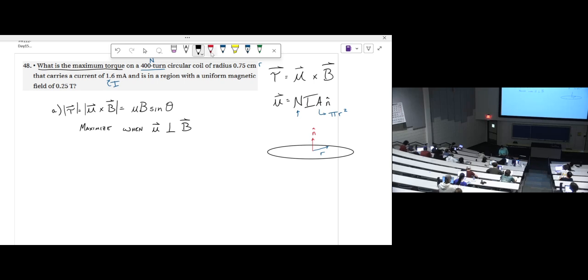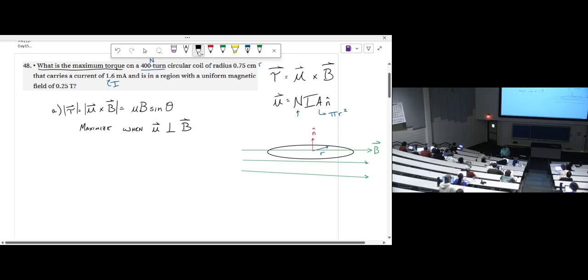So that means that B is likely going to have to be pointed in, let's say, this direction right here. So this is going to be B, pointed in this direction. And that's going to be perpendicular to my magnetic moment, which is pointed in the direction of n. If I could get these all parallel, that would be wonderful.